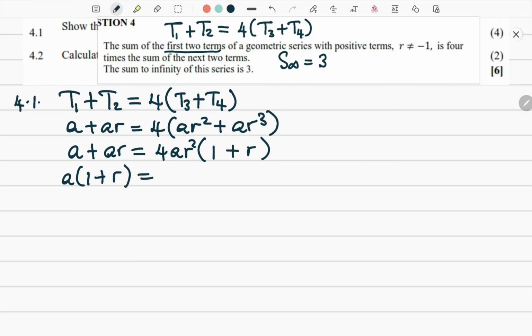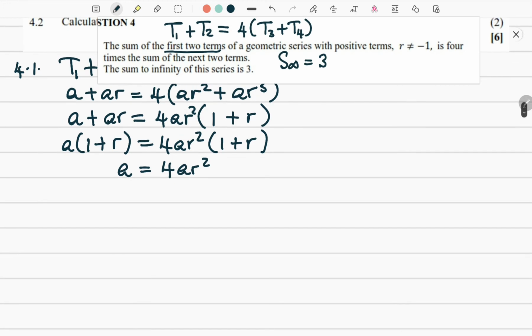Looking at both sides, 1 plus r could cancel out. If we cancel that, we now have a equals 4ar squared.